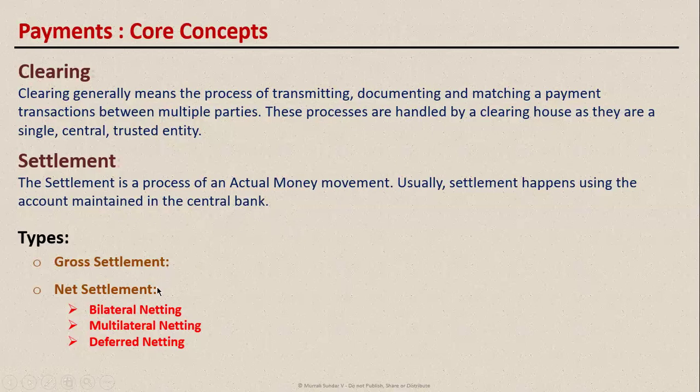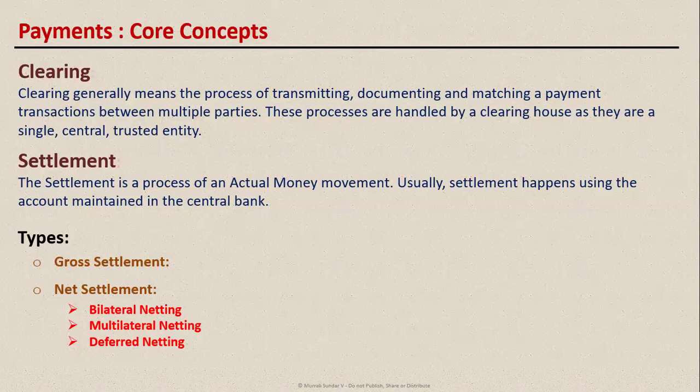So all other calculation, everything will be taken care of by the clearing, right? So in this, bilateral netting means, for example, HDFC, and assume that HDFC and Axis are the two banks in India. There are no other banks, right?